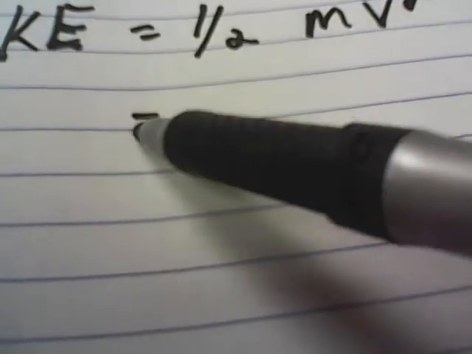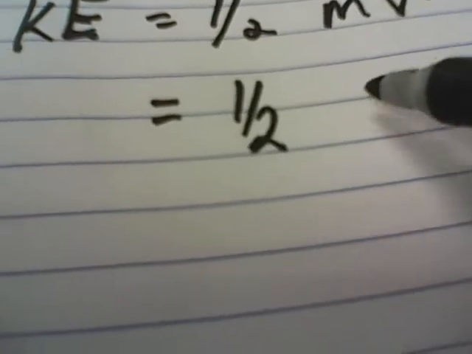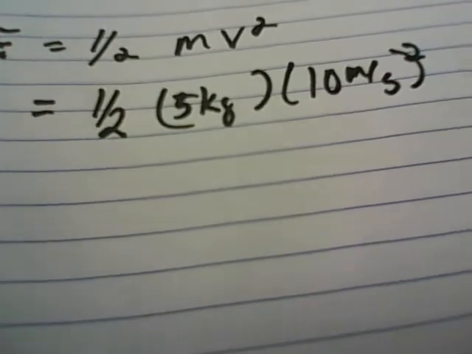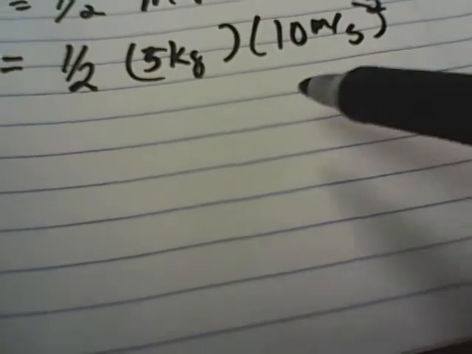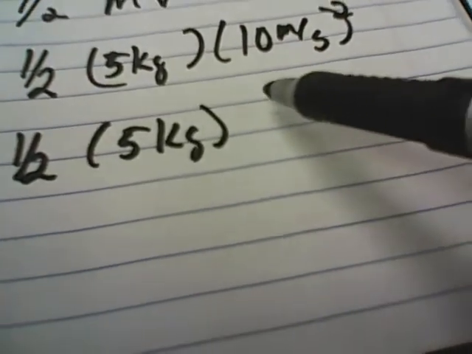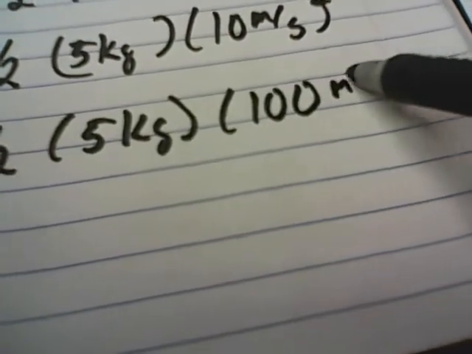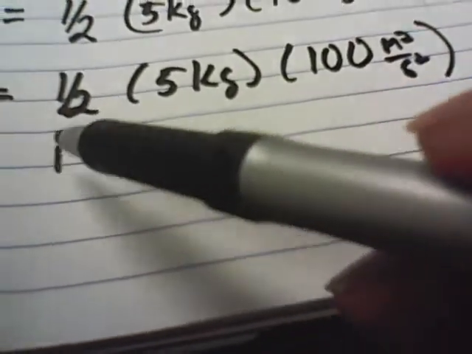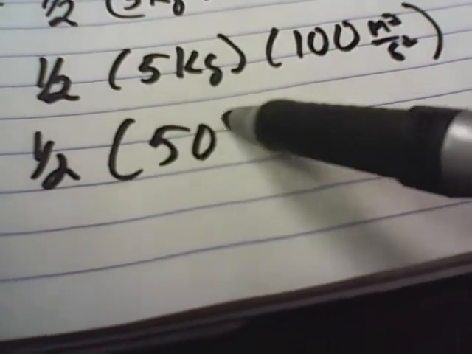All right. So if we plug and chug, that means that we have 1/2 times 5 kilograms times 10 meters per second squared. And as we said, we're going to do order of operations first. That means we'll do our square first. So we have 1/2 times 5 kilograms times 100 meters squared over second squared. And so 1/2 of 500 meters squared over second squared.